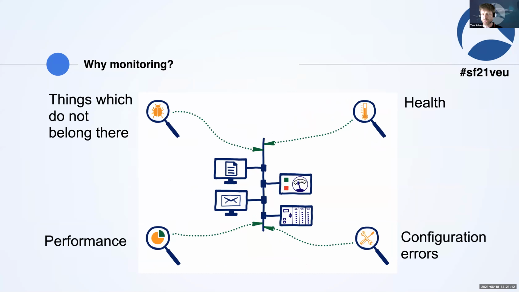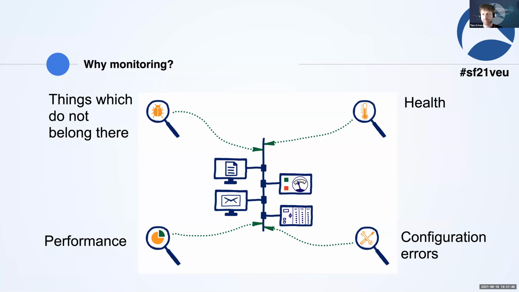Then all the stuff which does not belong there, like malware or just somebody scanning ports, as we just heard before. Then, of course, we want to know that if we have a redundant network, everything is working fine. And the last point is configuration errors. That is meant not directly for the network itself, but for the industrial protocols running on the network.